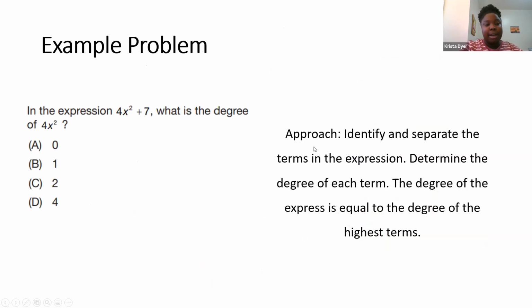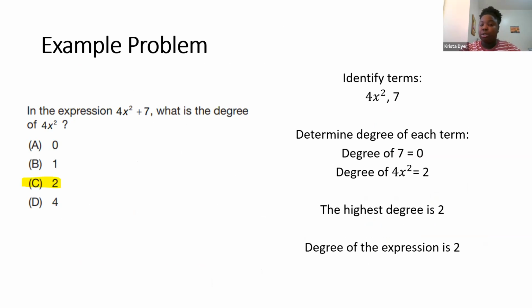So if we tackle this example problem, we have 4x squared plus 7. What is the degree of 4x squared? So to approach the problem, we're going to separate our expression into two terms, and we're going to determine the degree of each term, and the degree of the expression is equal to the degree of the highest term.